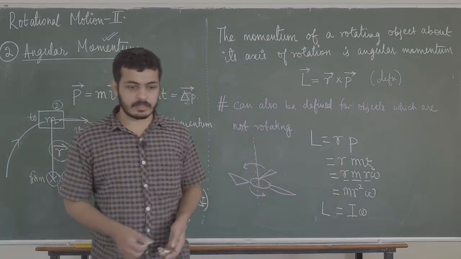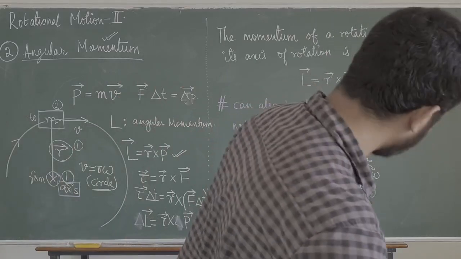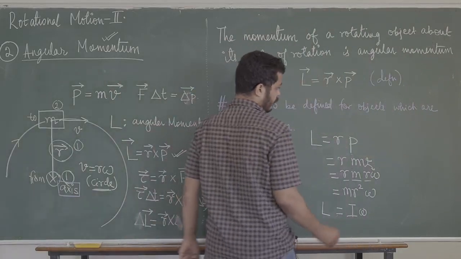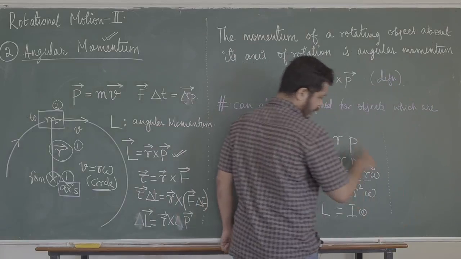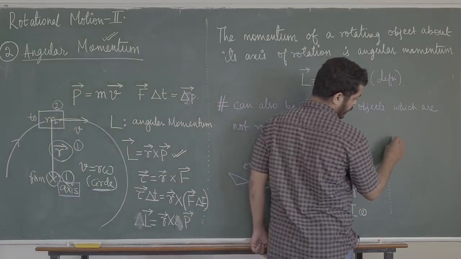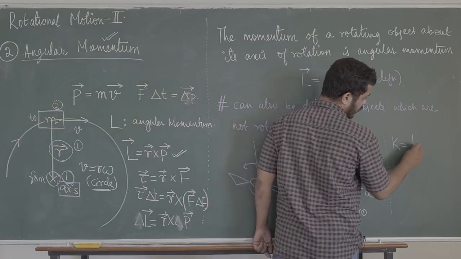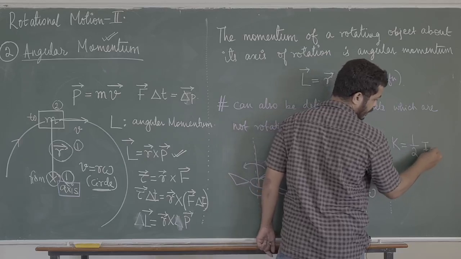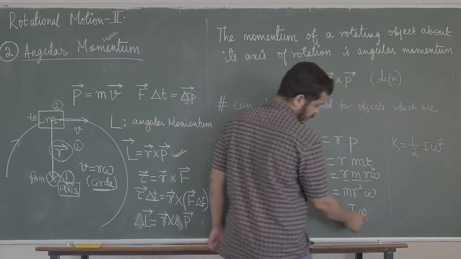So you can obviously define the relation between angular momentum and kinetic energy. If an object is rotating, then kinetic energy is equal to half I omega square. What is I omega?